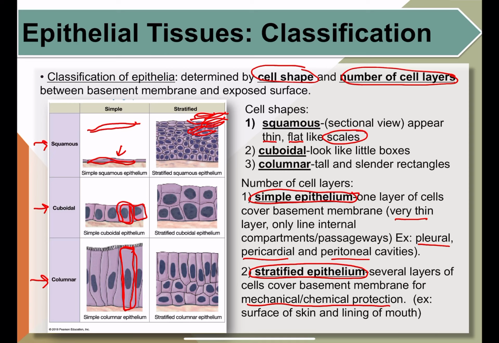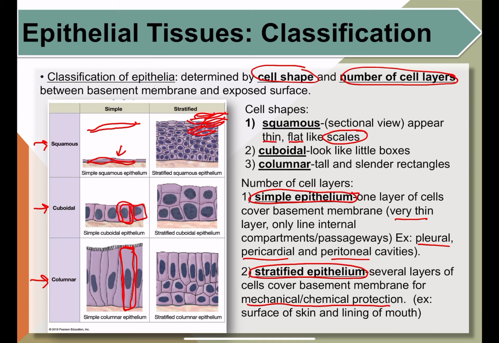We will learn in the next chapter that the outermost layer of our skin, the epidermis, is made up of tens of layers of cells, so that every time we accidentally scratch ourselves or rub against something, we're not necessarily cutting down to the connective tissue layer. We'll probably have just removed some epidermal tissue. So stratified epithelium is for that mechanical and chemical protection.